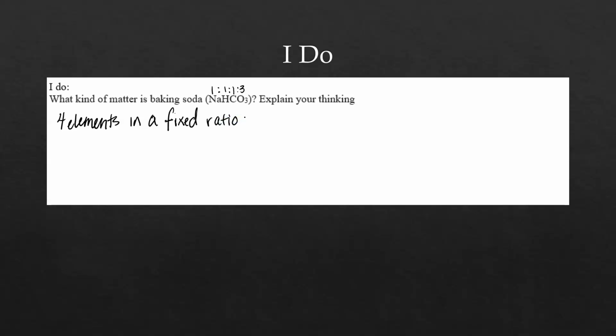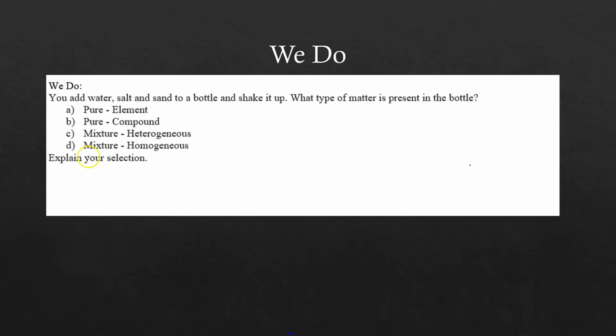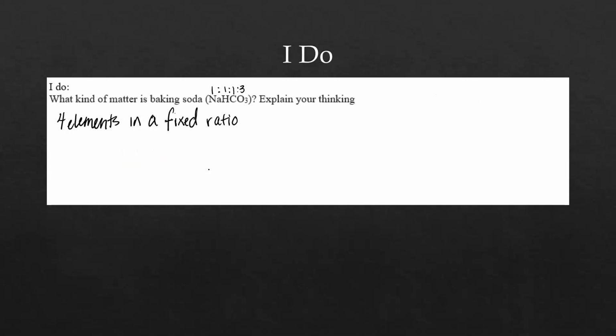Okay, so it is a pure substance because it's not multiple things, so it's a pure substance, just baking soda. However, it is more than one element, so we would say that this is a compound.